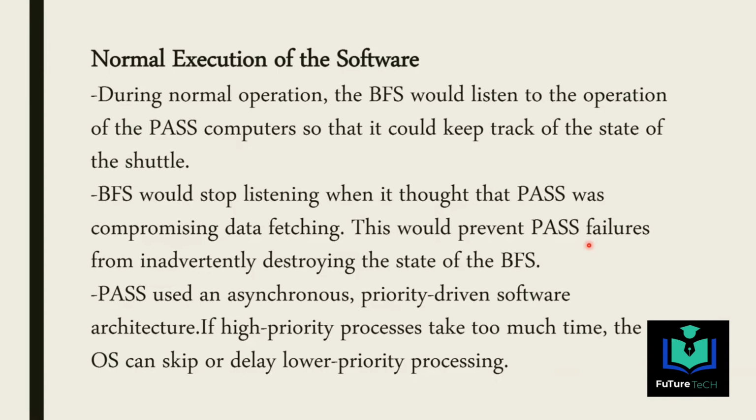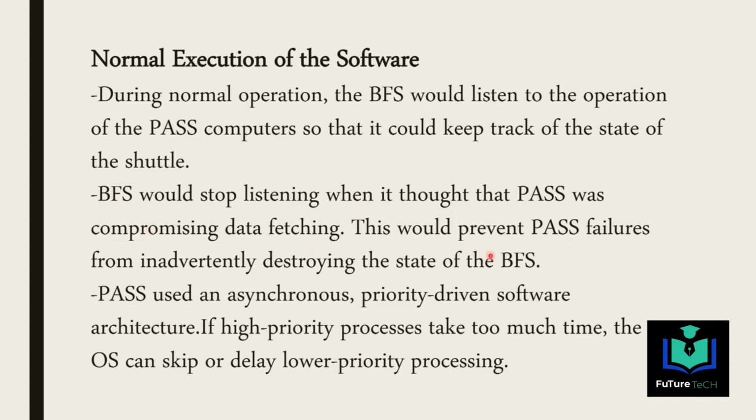Now, under the normal execution of the software, BFS would listen to the operation of the PASS computer so that it could keep track of the state of the shuttle. BFS would stop listening when it thought PASS was compromising data fetching.